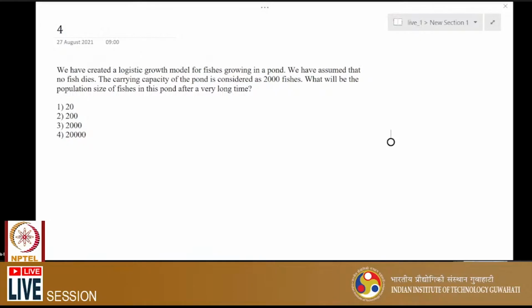That makes our life in modeling easy. And the carrying capacity of the pond is 2000. What will be the population size of fishes in that pond after a very long time? If I remember the equation, or if you don't remember, you can look into the slides for this lecture.